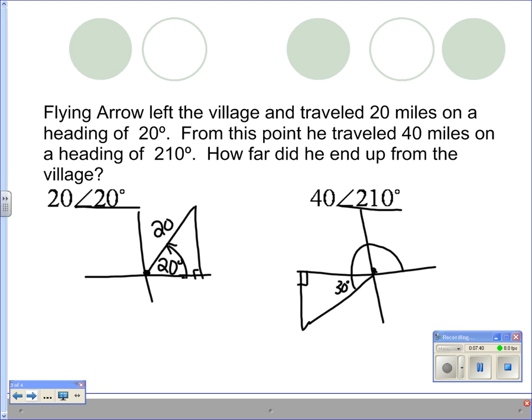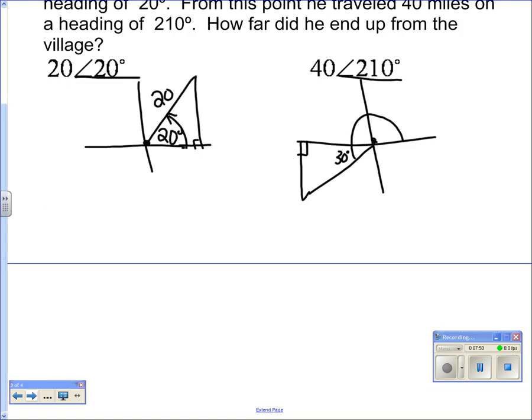Any questions on drawing them? Okay. Now what do we do? Oh yeah. We've got to find going backwards. Does that make sense?